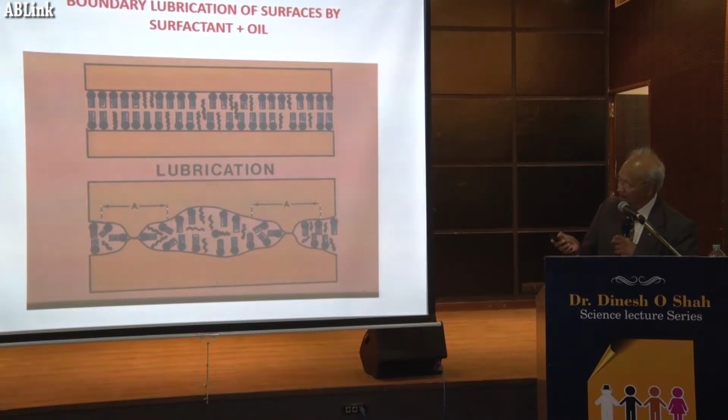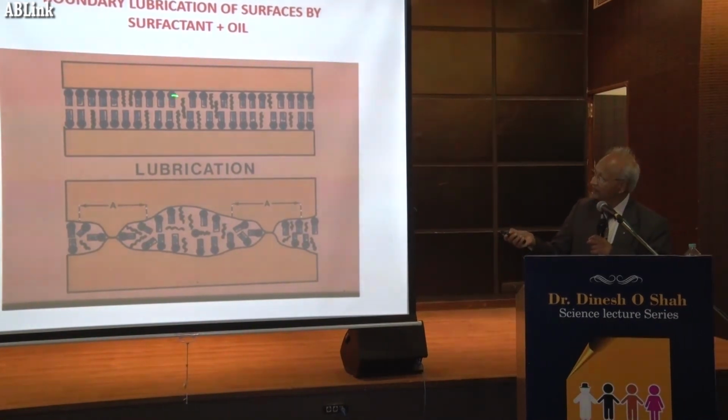And in a boundary lubrication, again, a simple lubricant is surfactant with oil. This is the oil and this is surfactant. And what we found that when these two have equal chain length, it provides the best lubrication, as you see in the next slide.